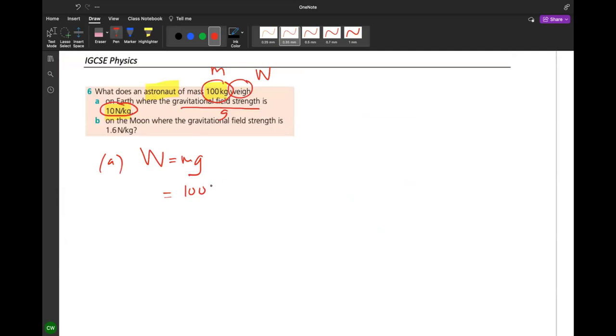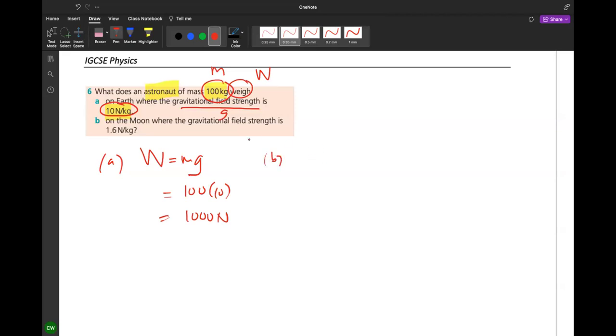G is 10. So what is the weight now? 100 times 10 gets what? 1000. So this is 1000 Newton. 100 times 10. Okay? This is just to find the value of the weight.